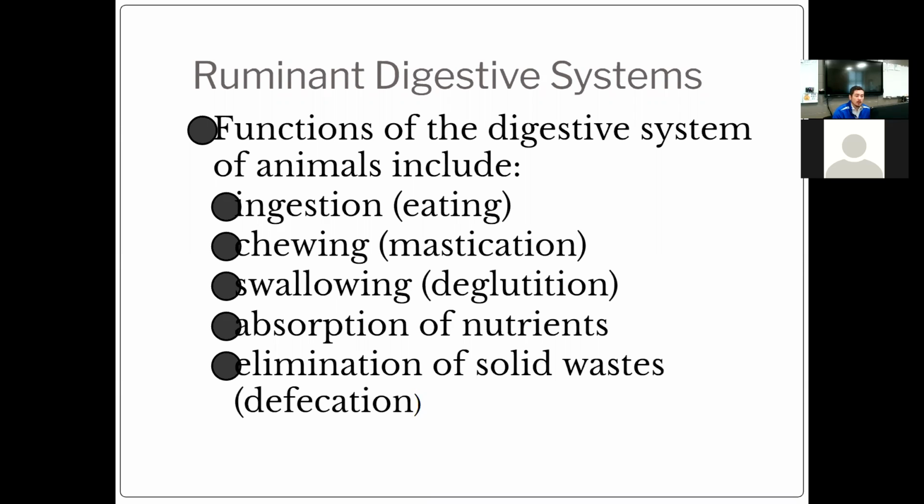Being able to swallow. Deglutition. I don't think I've ever heard that word before, but deglutition is the act of swallowing, apparently, which is neat. Deglutition. The absorption of nutrients and the elimination of solid wastes, or defecation.